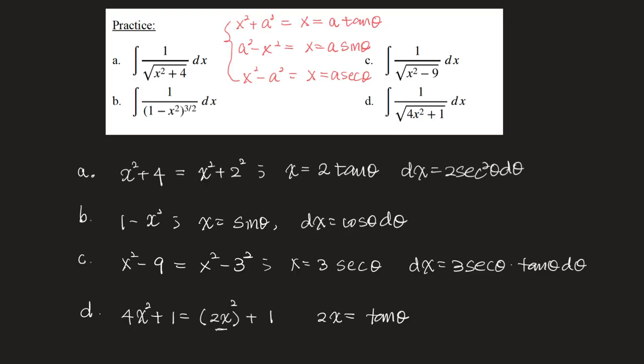Okay, guys? So you move the 2 to the other side, it's fine. So x is going to be 1/2 tangent theta, dx is going to be 1/2 secant squared theta d theta. That's the really important step to take before you start integration.